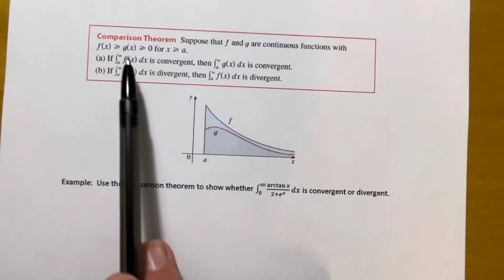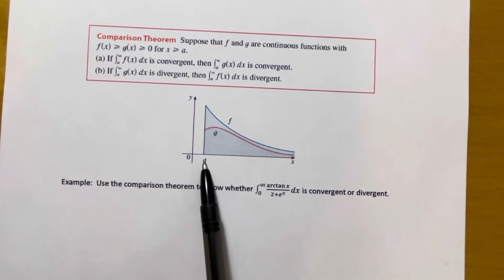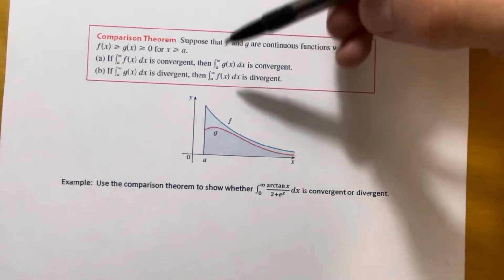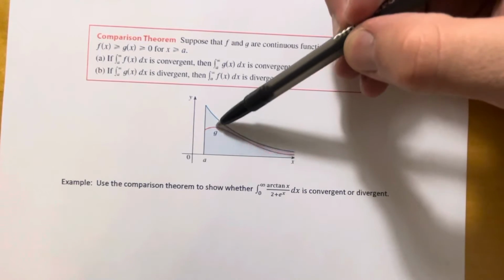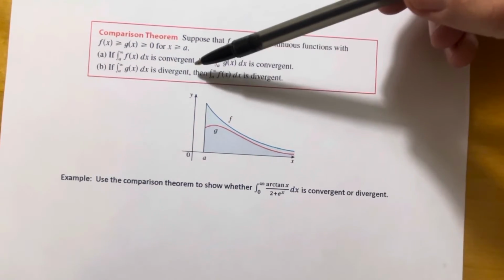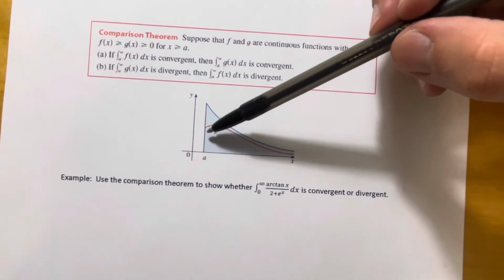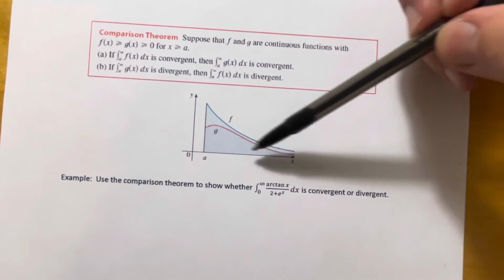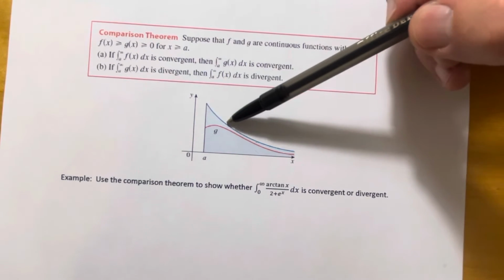So remember, what that represents is the area under f as x goes from a to infinity. So what we're assuming here is that the area under f, all this region here, that integral is convergent, which means that's a finite area. Notice that the graph of g gives me a region that's smaller than the region under f.